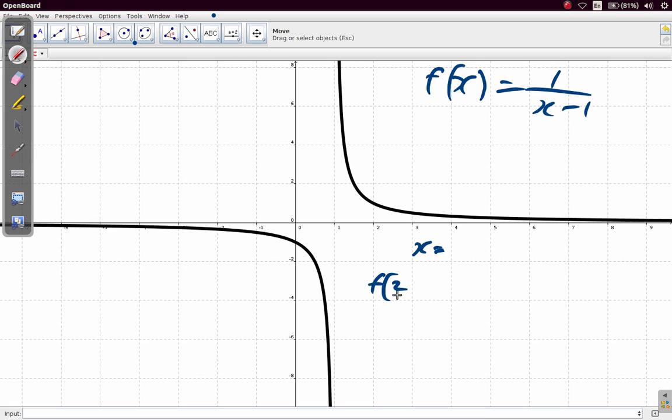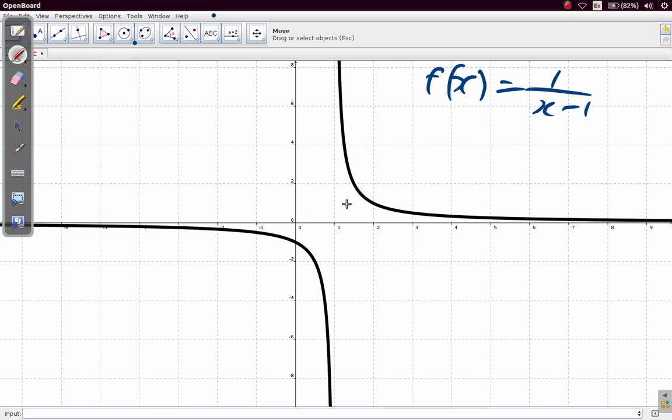We find f of 2 equals, remember what we're doing, we're approaching 1 from the right, from the positive side. f of 2 is 1 over 2 minus 1, which is 1 divided by 1, which is 1. So when x is 2, f of x is 1.